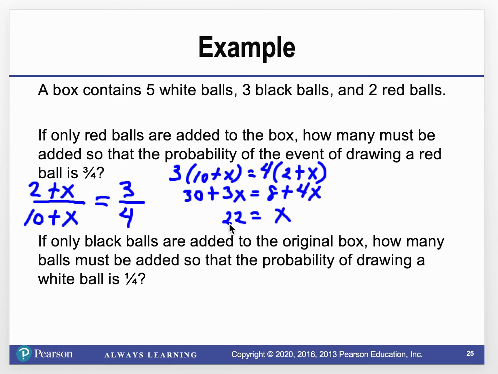Notice I can double check this. If I added 22 red balls, that means I now have 24 red balls total. Okay, if we're checking, we have to know how we're checking.